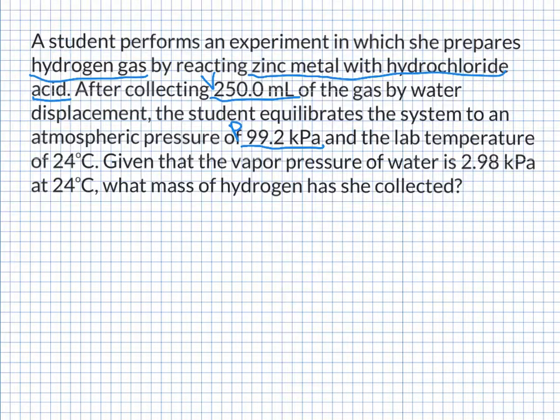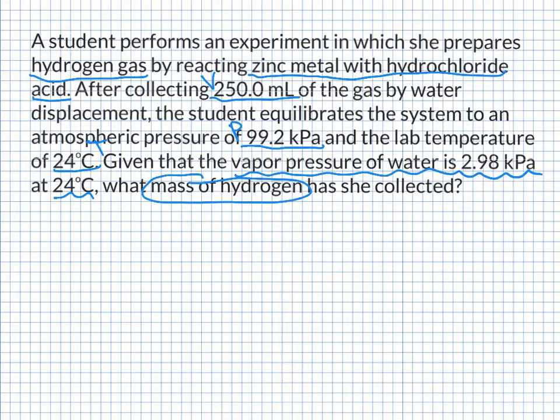So that's my pressure. And the lab temperature of 24 degrees Celsius. That's my temperature. Given that the vapor pressure of water is 2.98 kilopascals at 24 degrees, what mass of hydrogen has she collected?